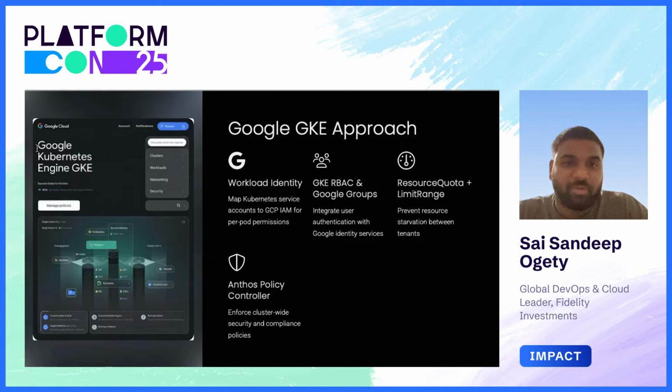And we all know Google, right? The Google GKE approach. On GKE, Workload Identity mirrors IRSA, which we talked about for AWS in the earlier session. You bind a Kubernetes service account to a Google IAM service account, granting per-pod GCP permissions, and GKE's RBAC integrates with Google Groups for user authentication. Use resource quotas and limit ranges in each namespace to carve out CPU and memory.